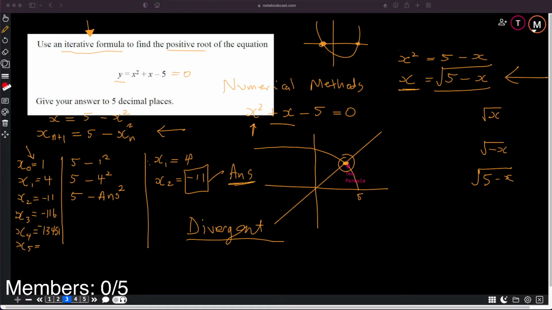But this is the key. Finding where these two cross is the same as finding the roots of the original question. The rearrangement yields the same numbers, but we're hoping that the rearrangement is an easier thing to do. That's the whole point of it, really.